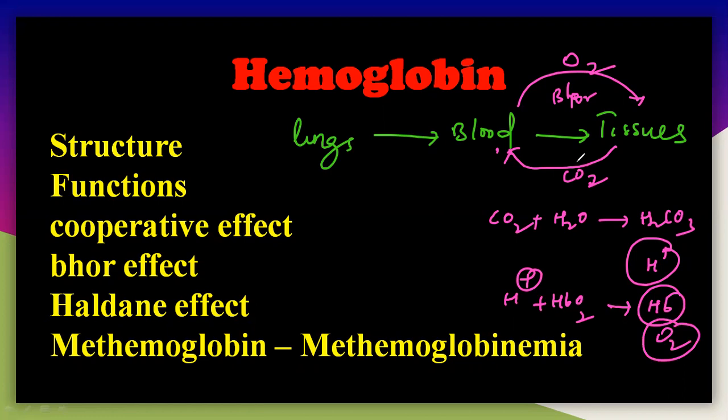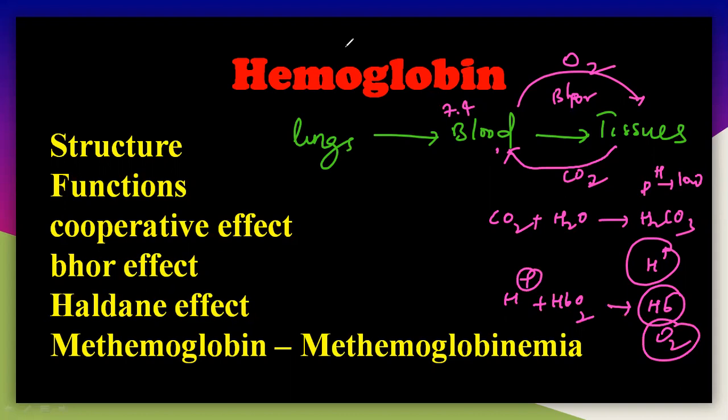And here the pH is very, very important. So here CO2 is moving towards the blood from the tissues. CO2 will produce carbonic acid. This is called carbonic acid, which is an acid. Acid means the pH value is very low. So remember that. Generally the pH value of blood is 7.3 to 7.4.